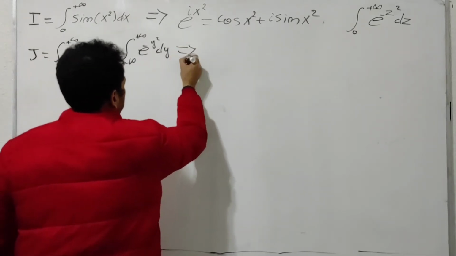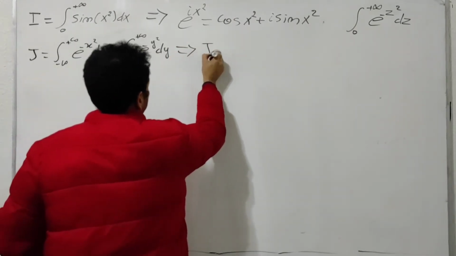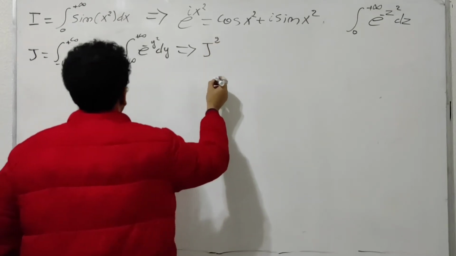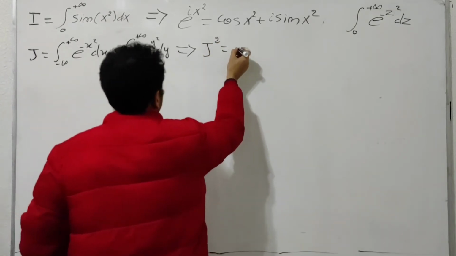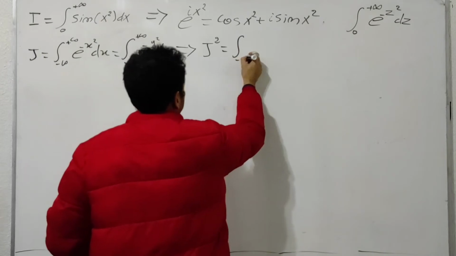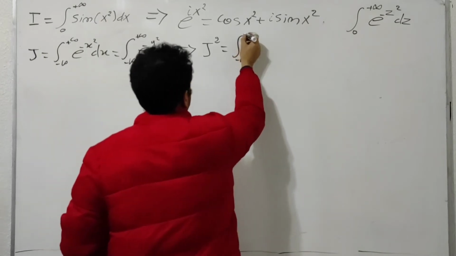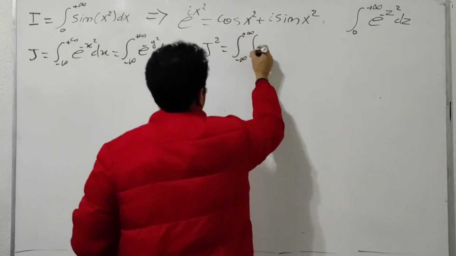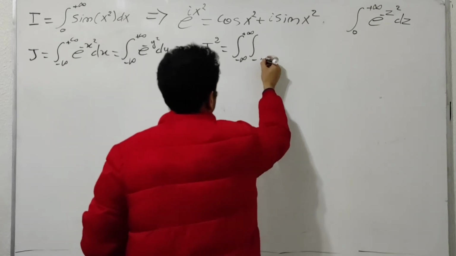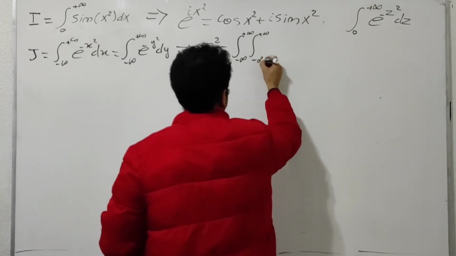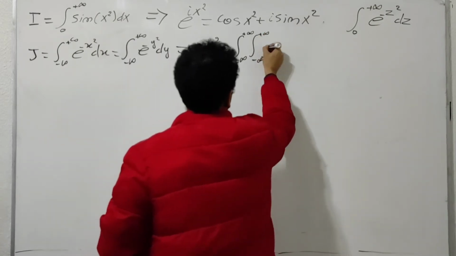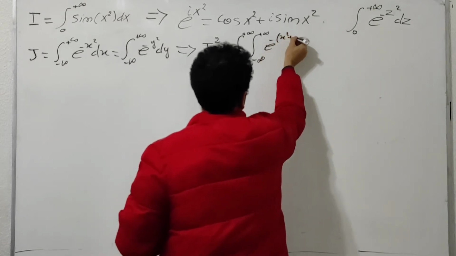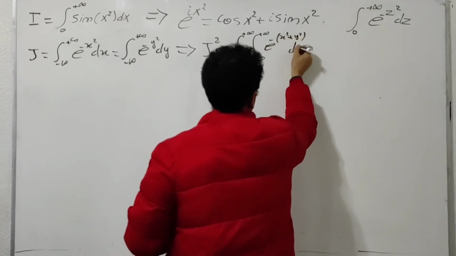I will get I squared equal to, as x goes from minus infinity to plus infinity and y goes from minus infinity to plus infinity, e to the minus x squared plus y squared dx dy.